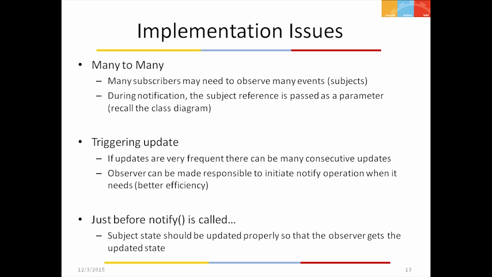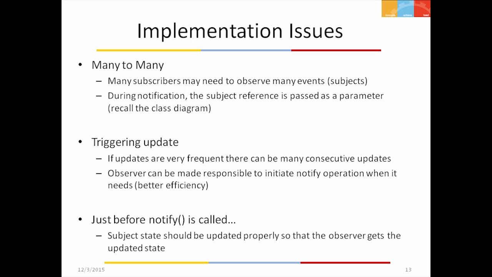Now just before notify is called, when the notify method is called at the subject class, the state of the subject should be consistent, in the sense that notification is essentially a process of sending the data.